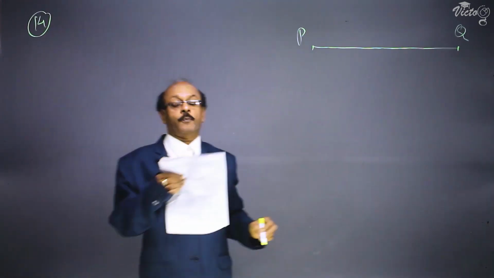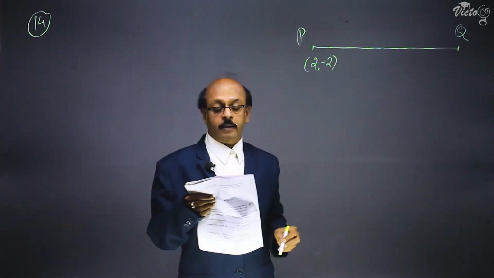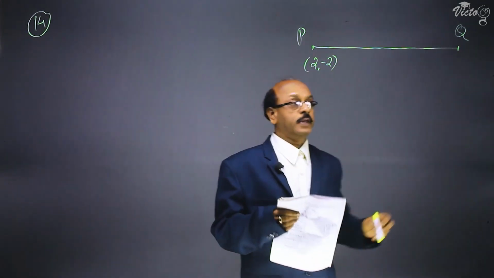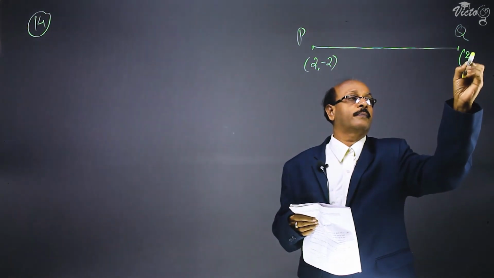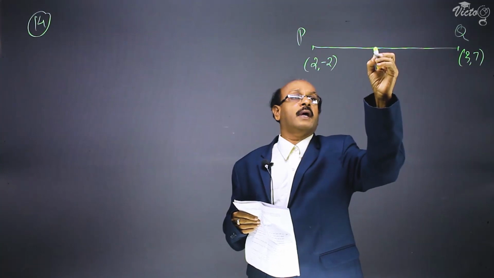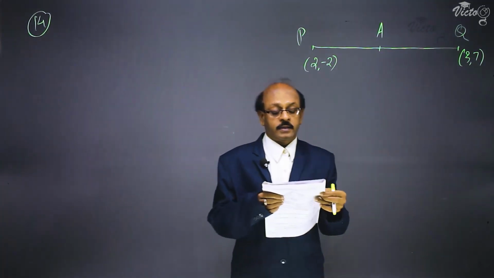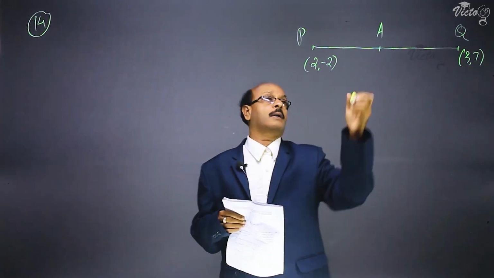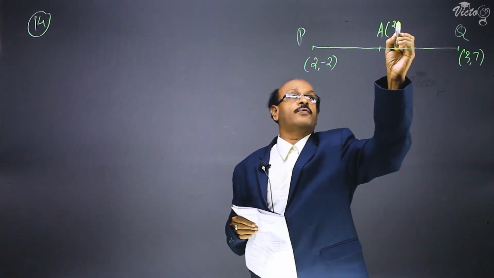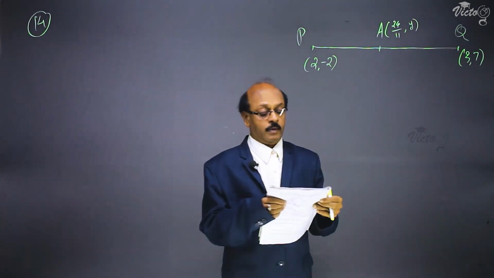The coordinates of P are given as 2 and minus 2, and coordinates of Q is 3, 7. We can take one point A here, and the coordinates of A are 24 by 11 and y.